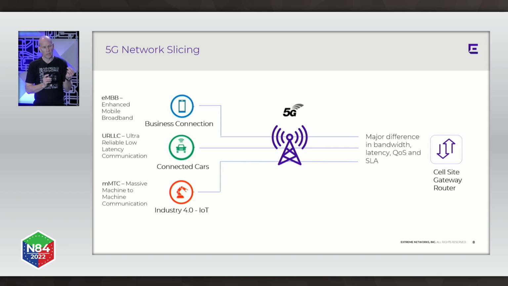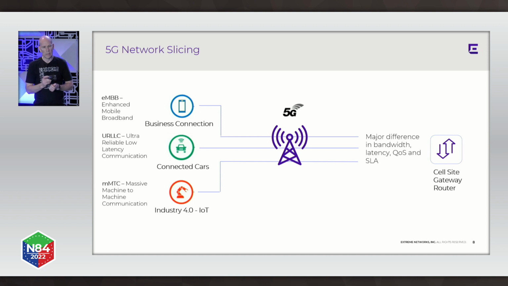You have different use cases and applications defined for 5G. Hence, you have the network slicing. You have use cases like enhanced mobile broadband, which is an SD-WAN-like use case or application where you basically need bandwidth. It's not latency sensitive as such.